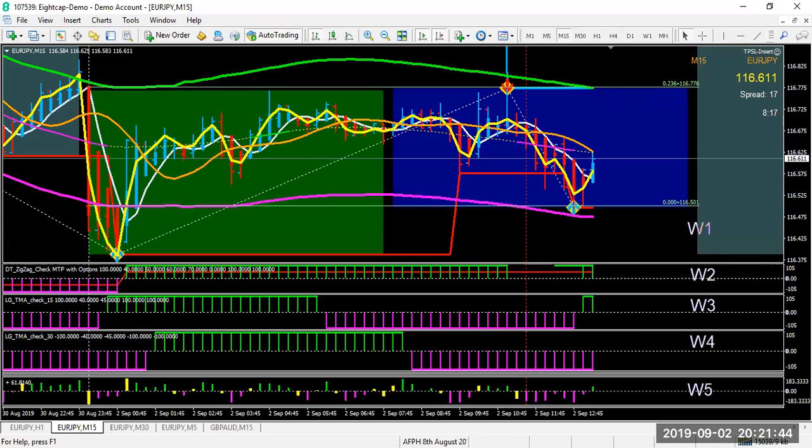So over here, it may be preparing to move back to the other side of the river, or basically pull back to come back down. But for us, following our rules, we've entered a trade, taken profit, happy with that trade. We'll go for a break.